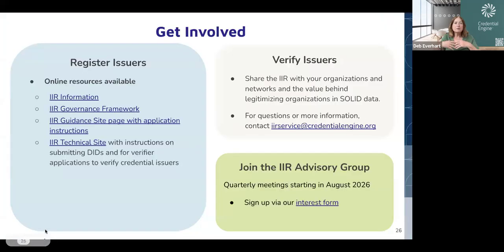One of the things about the work that we've done that makes me really excited and proud is that it's this great combination of the technologies that are available now and the human processes that Credential Engine has applied through this governance framework to both humanly evaluate this organization is who they say they are, and to attach that technical verification piece.